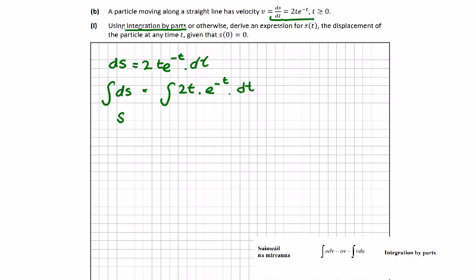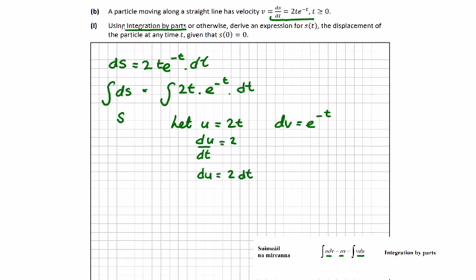So let's let u equal 2t. Integration by parts is the integral of u dv is uv minus the integral of v du. So we have to let dv in this case equal e to the power minus t. If we differentiate this with respect to t, du dt will be equal to 2, so du is equal to 2 dt.